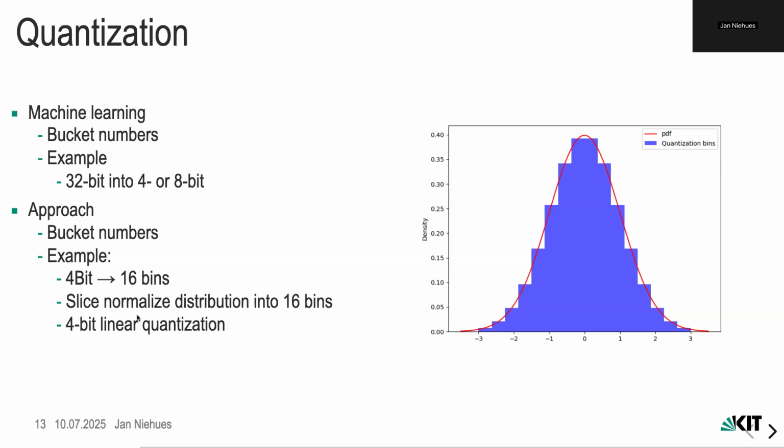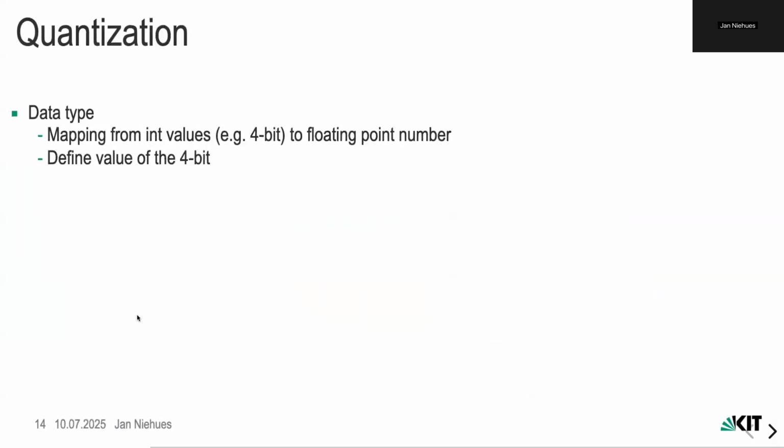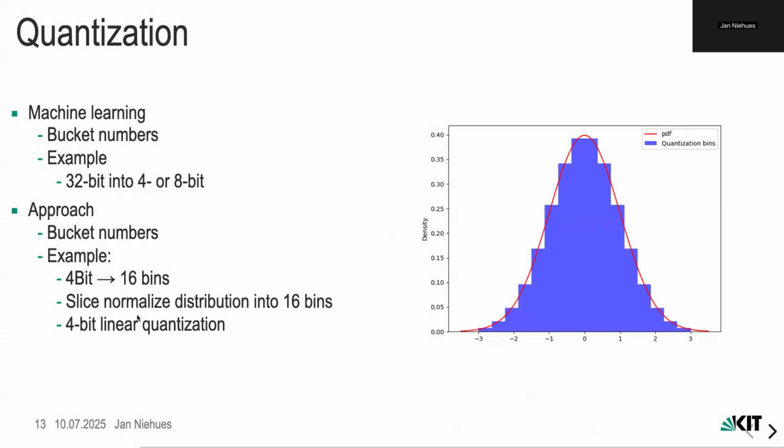If we want to do that, we have to make several types of decisions in order to build the quantization algorithm. The first one is, what type of data type do we want to have? So what type of mapping we want to have from the int values to the floating values and back. If we're saying, for example, here we have a 4-bit representation, here we assume they should be all the same size. That is a valid choice, that we say everything should have the same width.